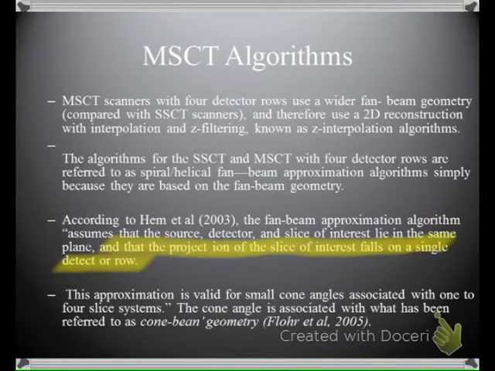However, it's only valid for small cone angles associated with 1 to 4 slice systems. As we increase the detector rows, we increase the amount of cone angle. And as we'll see, this causes us to need further algorithms.